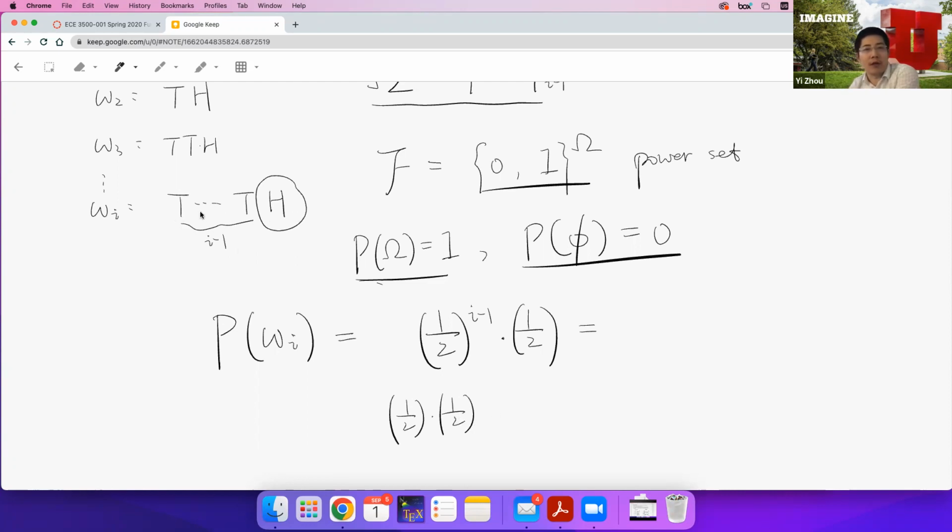No matter what you write here, because it's a fair coin, they always happen with probability 1/2. So in total, we are performing I trials, and you are multiplying 1/2 by itself I times. So in the end, you get 1/2 to the power of I. That is the probability of omega I.